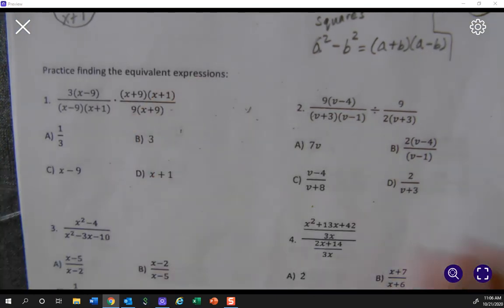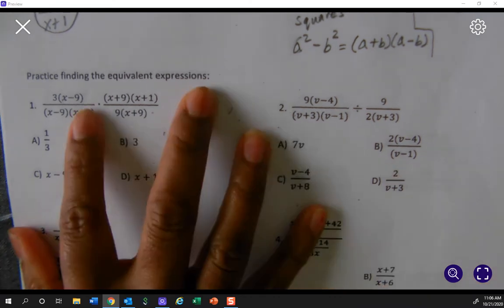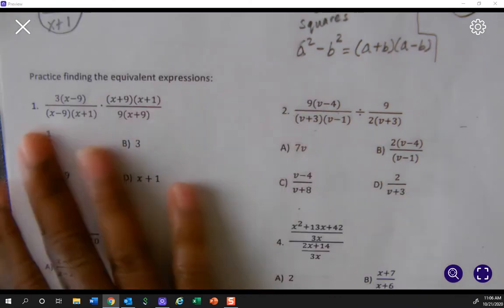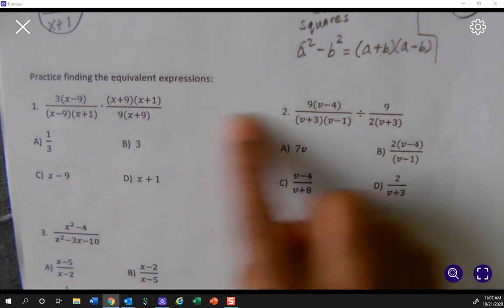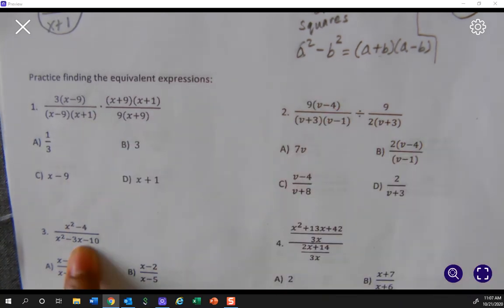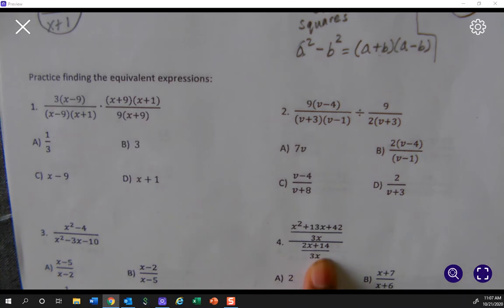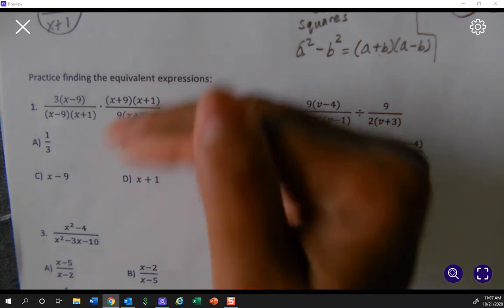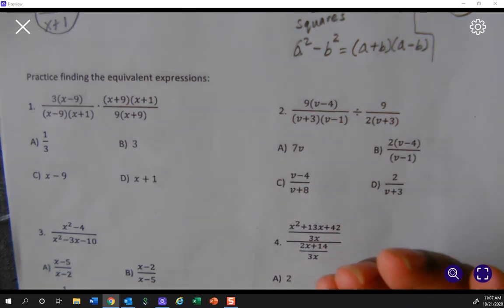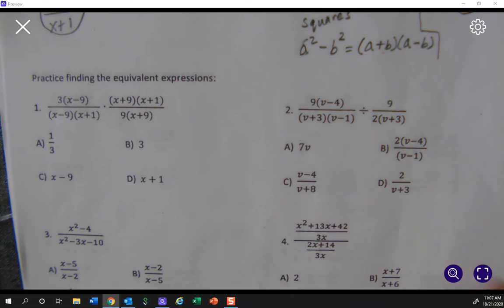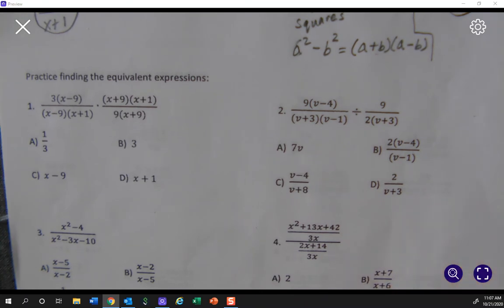So when we're looking for equivalent expressions, this is a multiplication problem, division problem, this is just simplifying, and this is a complex. Since it's a multiple choice, you could just plug it in and then plug these in and see which one matches your answer, right? So I'm going to show you both ways, okay?